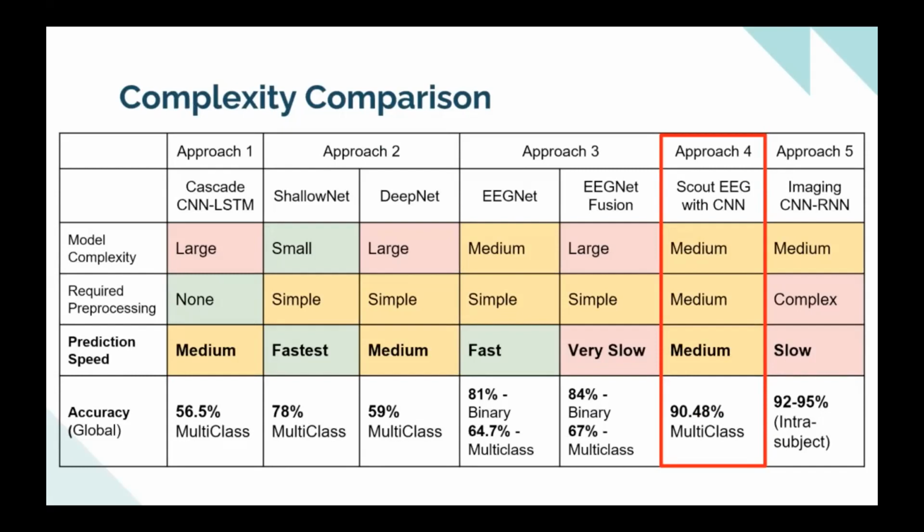This led to prediction speed being fastest for ShallowNet but very slow for EEGNet Fusion and imaging approaches. The pre-processing time was reported last time to be complex. However, it was found that in testing or predicting, the values calculated in training are used immediately, and they're not recalculated again. It's worth noting as well that pre-processing had more impact on accuracy than model architecture.